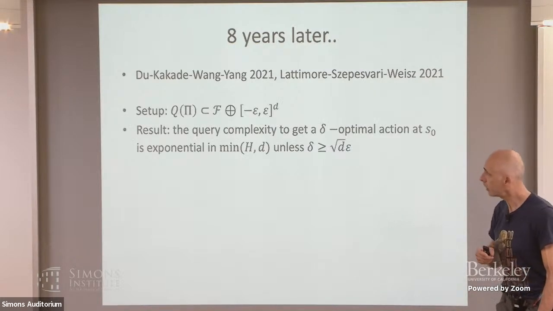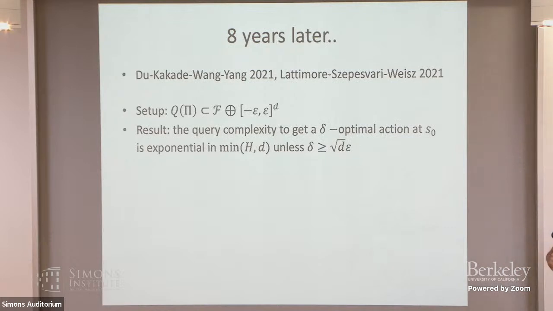All right. So the Du, Kakade, Wang, Yang paper has a lot of different results. It is basically the paper that starts to ask these computational questions and query efficiency questions in a very clear language. So that's a big contribution of this paper.